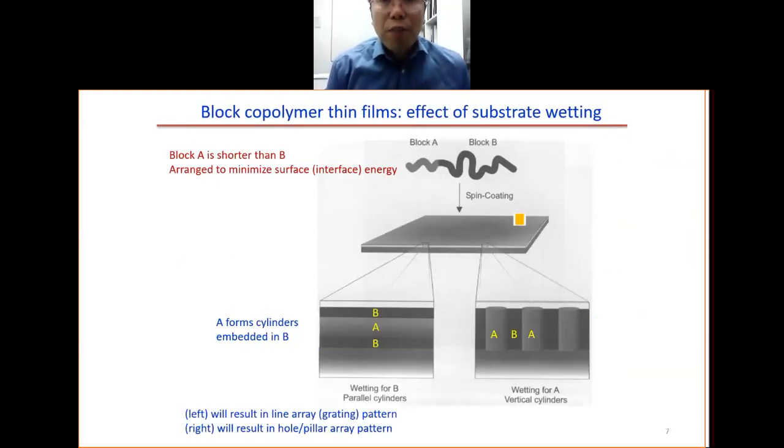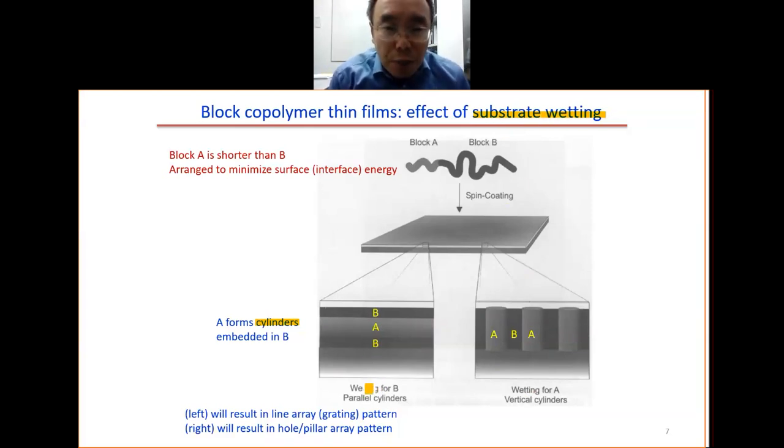One important factor for the self-assembly is the substrate property. In this example, block A is shorter than block B, so block A will form a cylinder in block B. Whether the cylinder lies along the wafer surface or perpendicular to the wafer surface depends on the substrate wetting property.